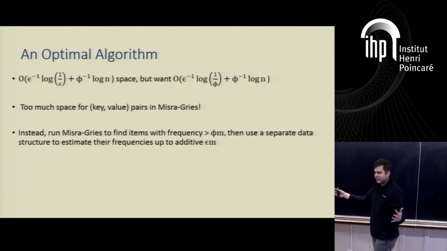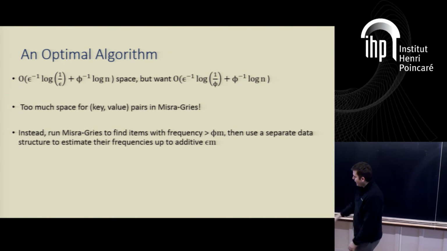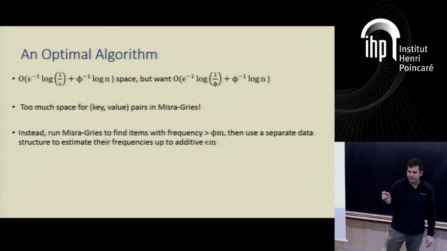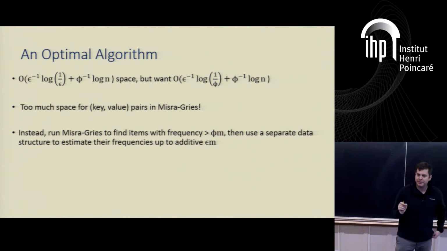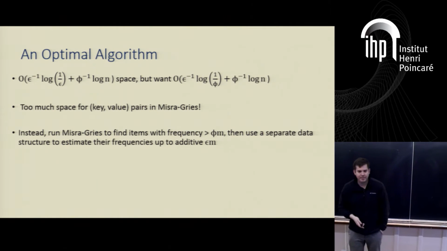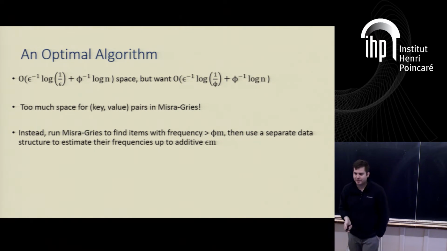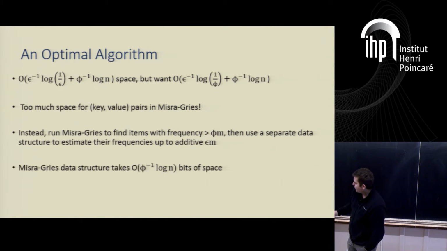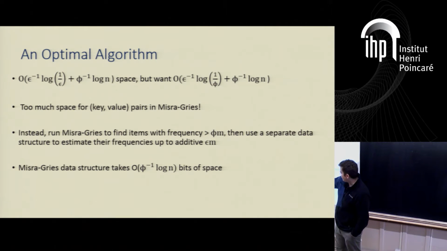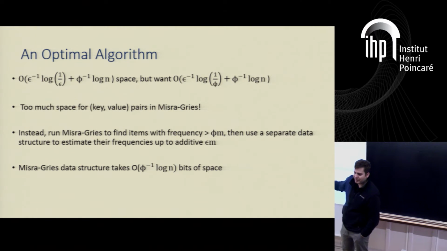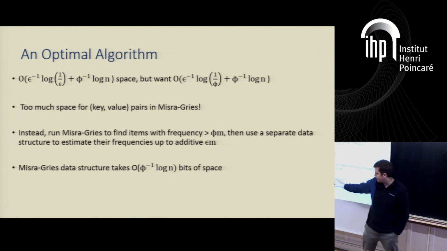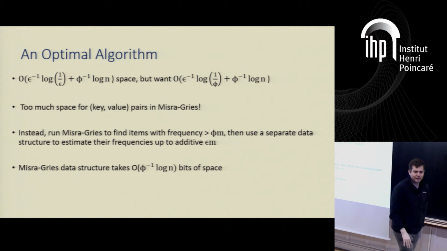We're going to get this list of candidate heavy hitters, and we're going to use a separate data structure to estimate their individual frequencies up to additive epsilon m. And then we're going to filter out this list. Make sense? So the Misra-Gries data structure, finding items that are at least frequency phi times m and no items with frequency less than phi m over 2, only takes 1 over phi log n bits of space.